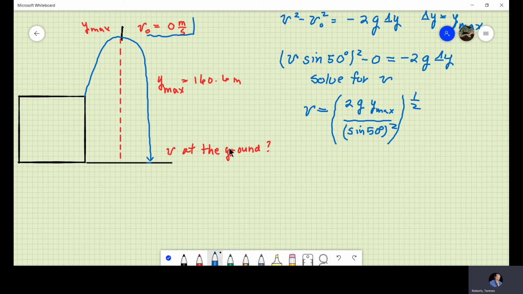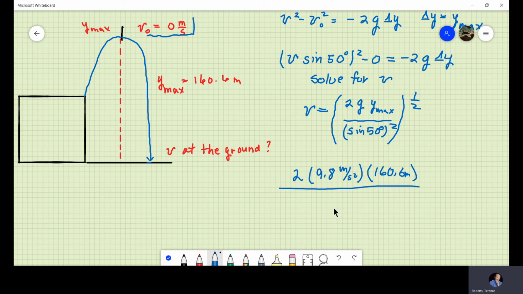Let me solve it now. I plug in the values: 2 times 9.8 meters per second squared. Now our total height was 160.6 meters.